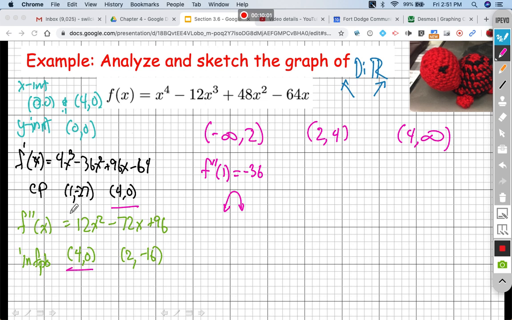No, it's not a negative 36. I can't read my own writing here. It's actually a positive 36. Doesn't help when I do this ahead of time if I can't read my own writing, right? This is going to be concave up. So 1, negative 27, this is going to be a relative minimum.